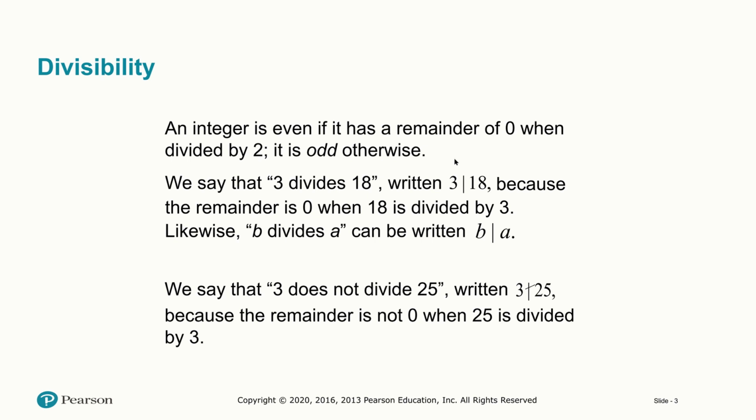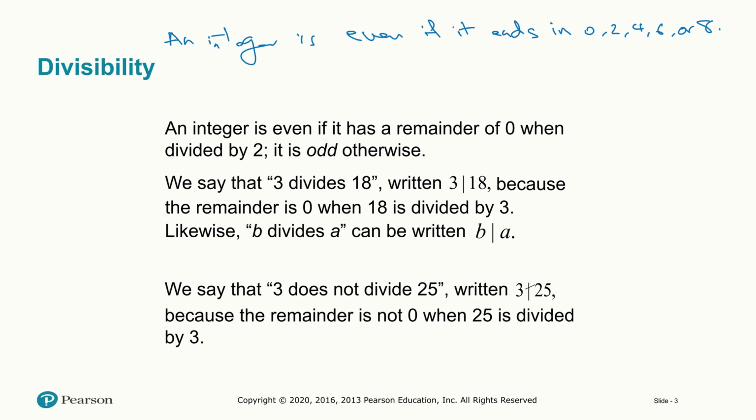Sometimes you may see the definition in this manner: an integer is even if it ends in 0, 2, 4, 6, or 8. That's another way of saying an integer is even.